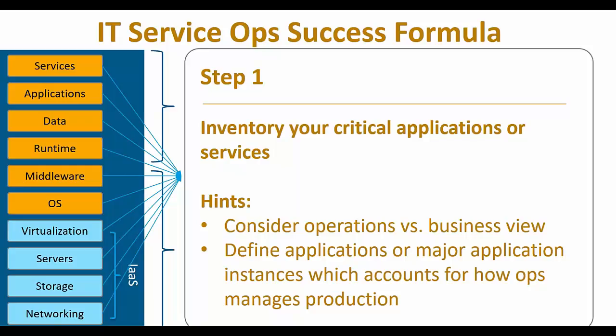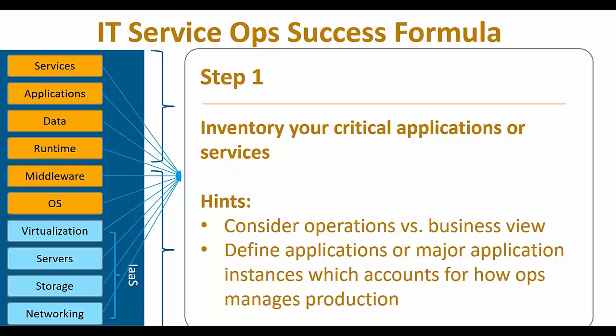You have a West Coast claims system, we have our East Coast claims system. They're theoretically being upgraded at different times, right? They're theoretically being maintained and managed by different support teams, maybe some shared, maybe some regional support teams. When you define that claim system, you're really defining two major application instances. And those are the aspects and those are the way to inventory what your critical applications are.